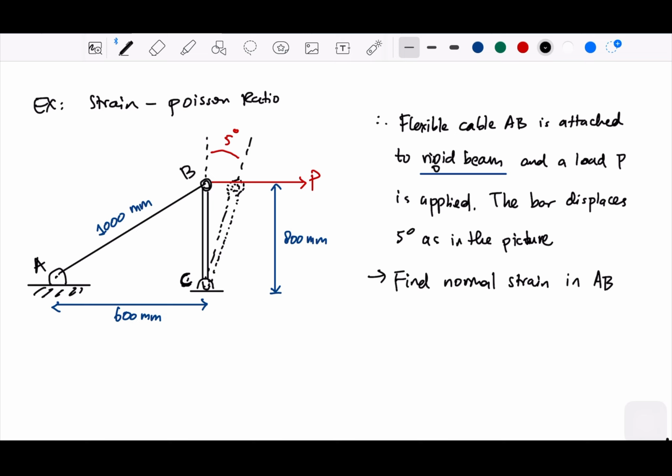Okay, the second one. So remember, when you talk about strain, what does that mean? It means there will be a deformation. What's deformation? There will be some elongation or stretch or extension.